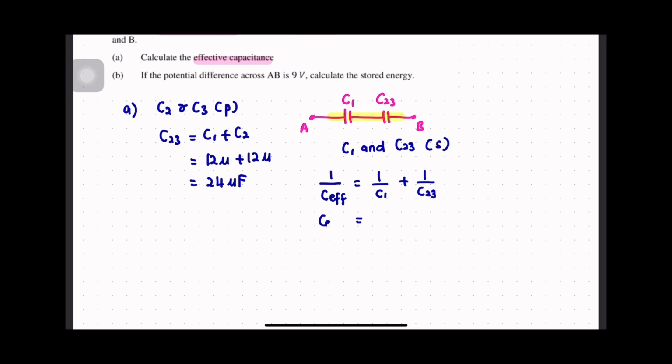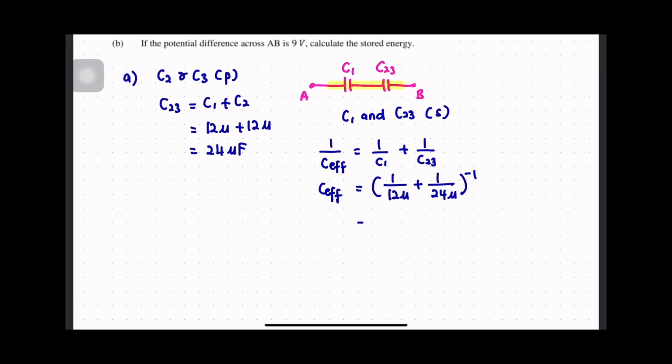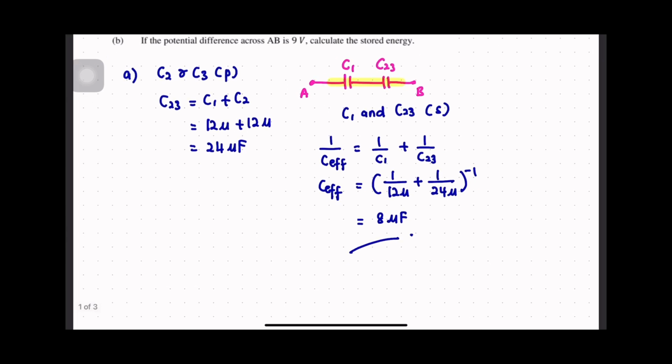Okay, so C effective will be equal to 1 over C1 is 12 micro plus 1 over 24 micro, and then negative 1. So 1 over answer lah. Okay, so we get 8 microfarad.